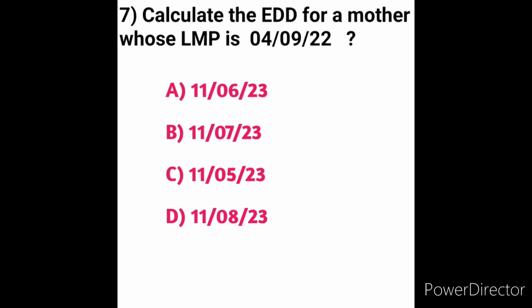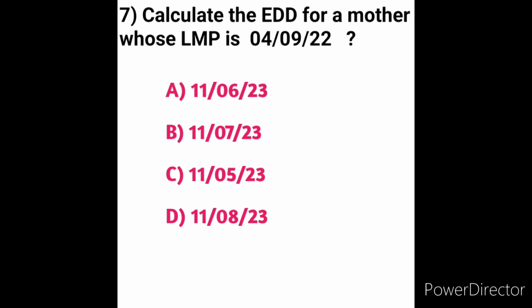For calculating the EDD we have three main steps. The first step is the first day of the last menstrual period date, and the second step is 3 calendar months from that date. The third step is to add 7 days to the date.